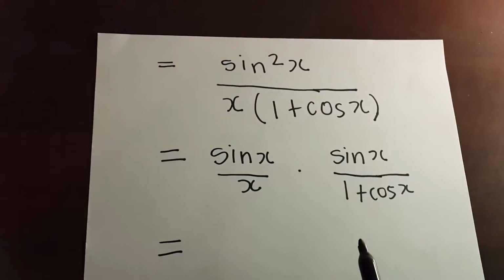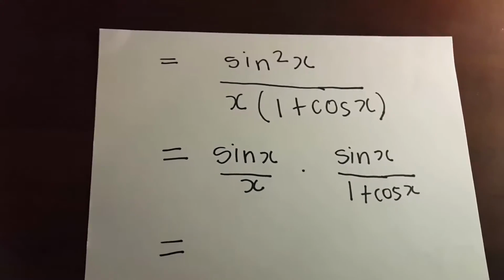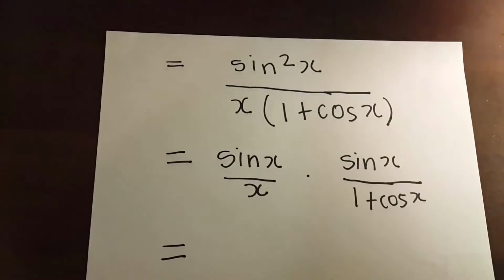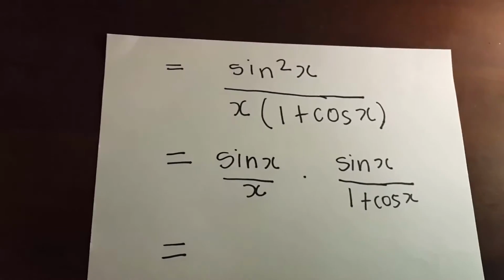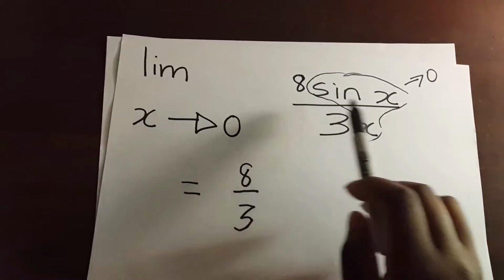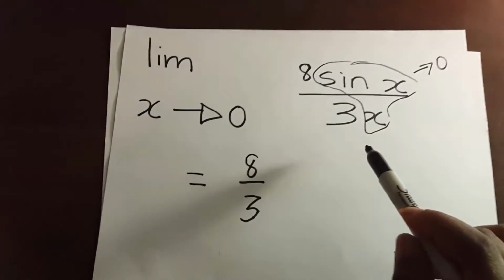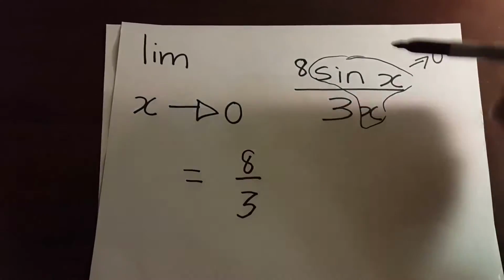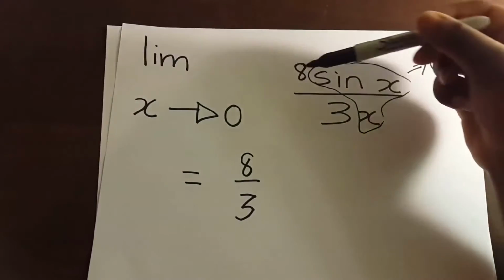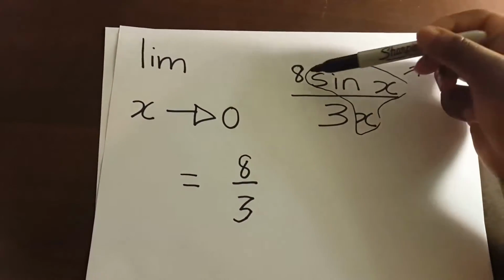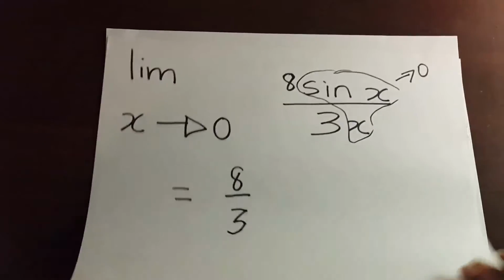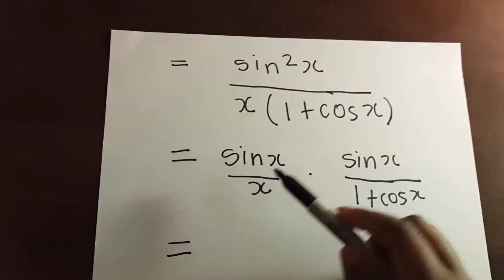On this part, you can notice that this is similar to the first example we had, 8 sine x over 3x, where we said this approaches 0 and we just took the coefficients of the top and the bottom. We're going to do the same thing here.